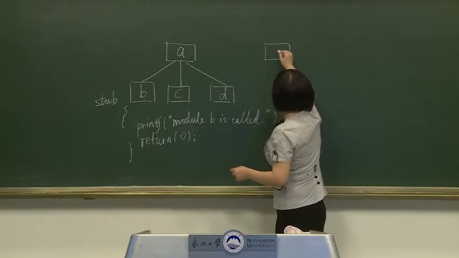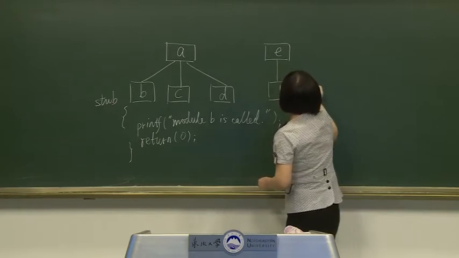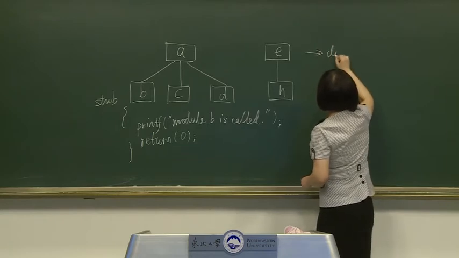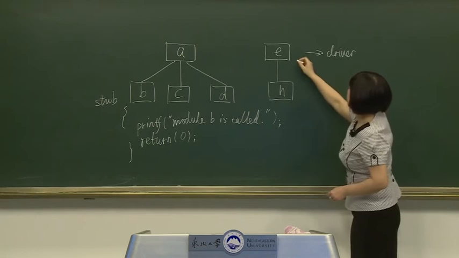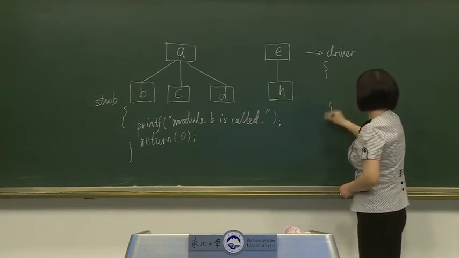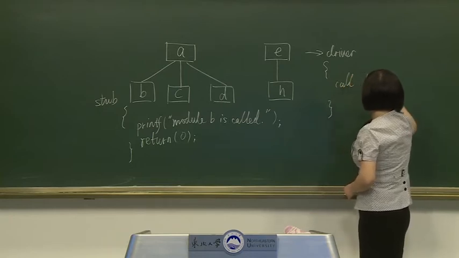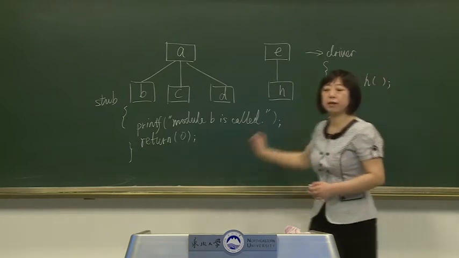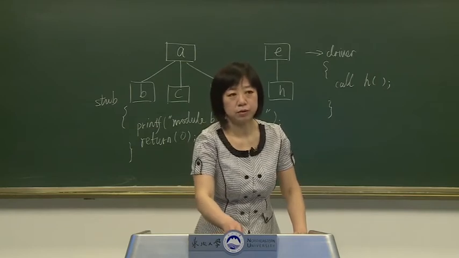Just now we said that module E will call module H, and then we should achieve a driver. So that means inside module E, it should be something like call H, to ensure that module H will be called and will execute, right?